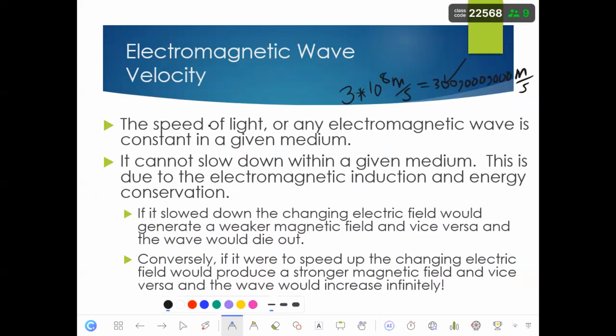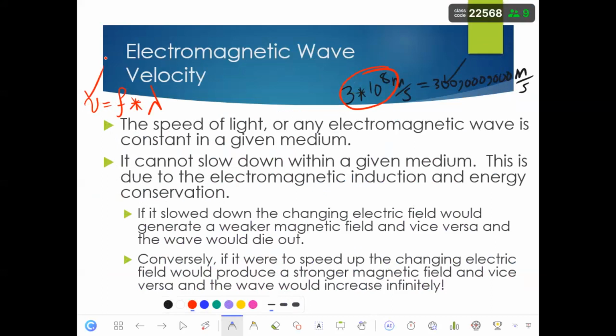You may ask, what was the velocity? The velocity was frequency multiplied by lambda. And we said that the velocity of the electromagnetism wave is always a constant number, 3 times 10 to the power of 8 meters per second.